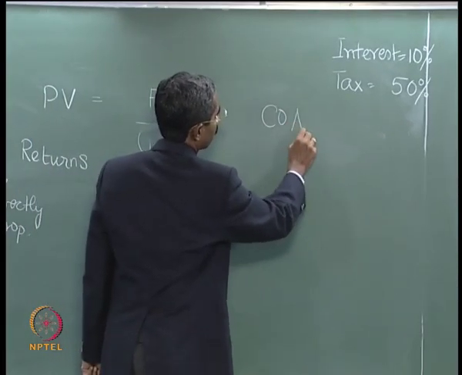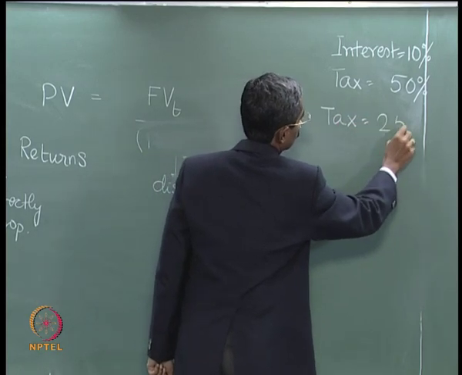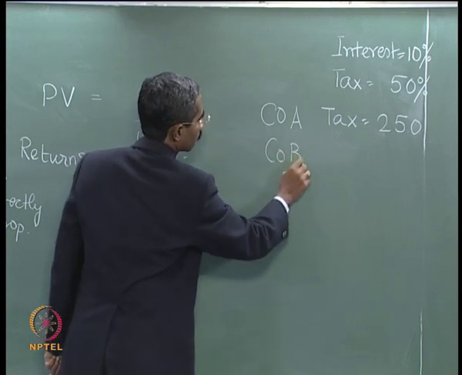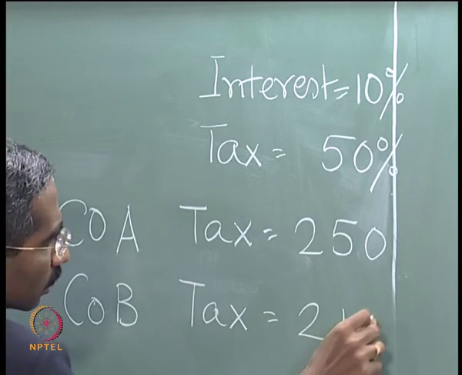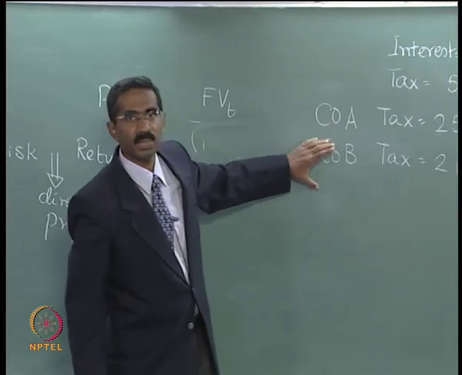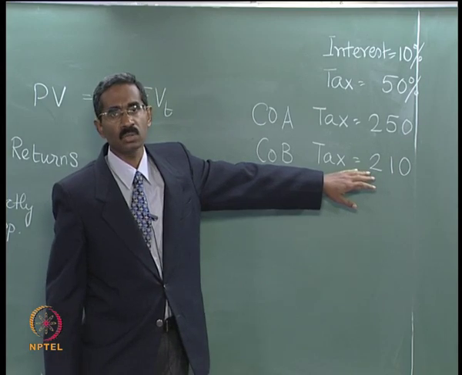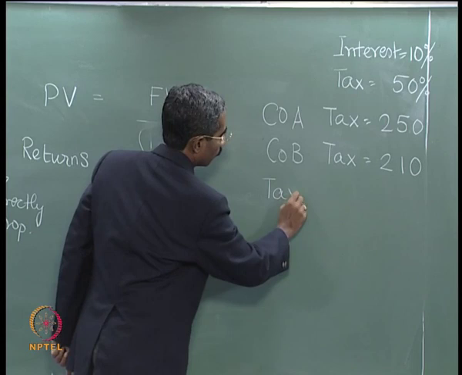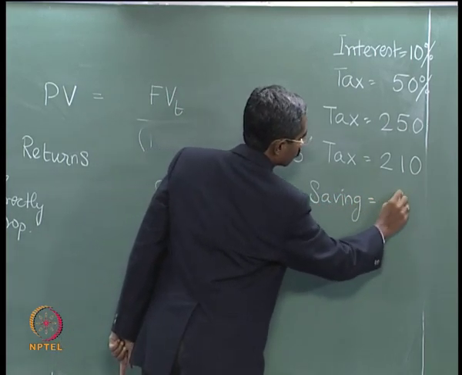Company A has paid a tax of 250 and company B has paid a tax of 210. So, if you really look at it, company B has saved tax to the extent of 40. So, tax saving by company B is 40.